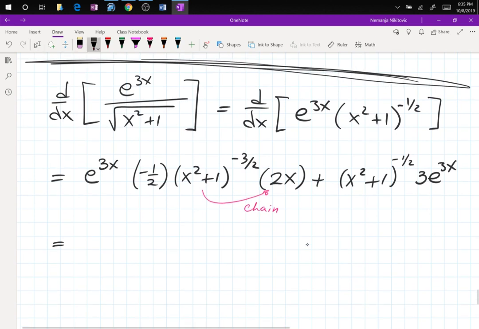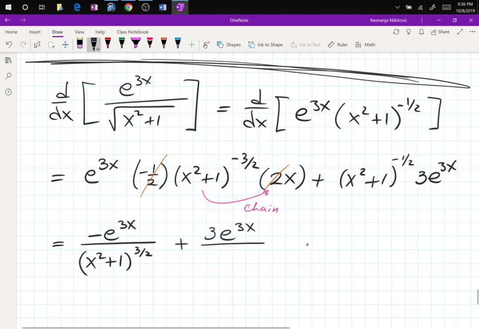Now, we write, well, first off, we can cancel the half and the 2. So we have negative e to the 3x divided by x squared plus 1 raised to the 3 halves, plus 3e to the 3x divided by x squared plus 1 to the 1 half.